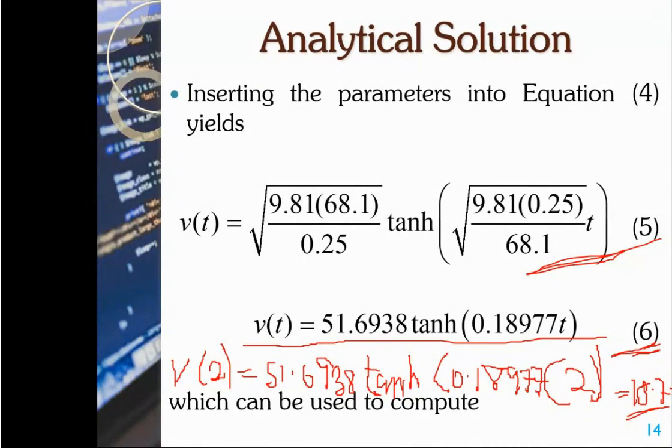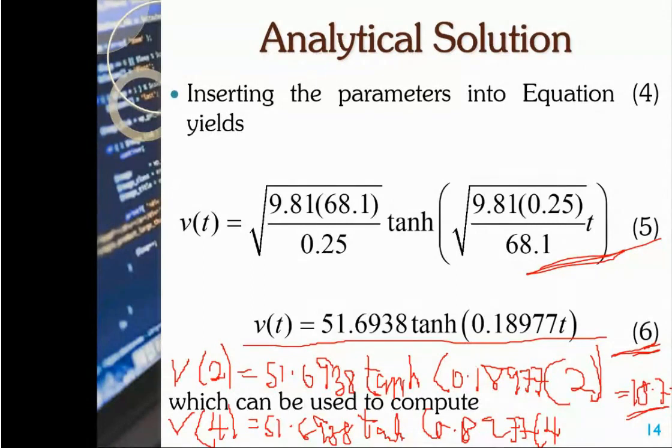Now, in that same vein, if you would like to estimate the velocity at time 4 seconds, this will be, just as we did for the first one, 51.693 8, then tan of 0.18977, and this time our time is 4 seconds, which will give us somewhere like 33 point something.